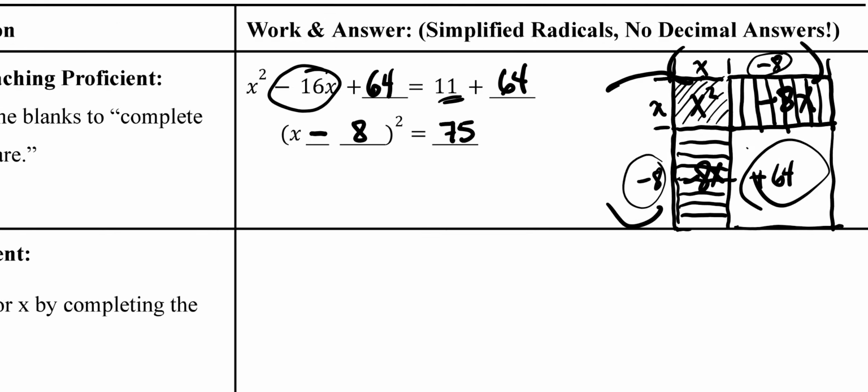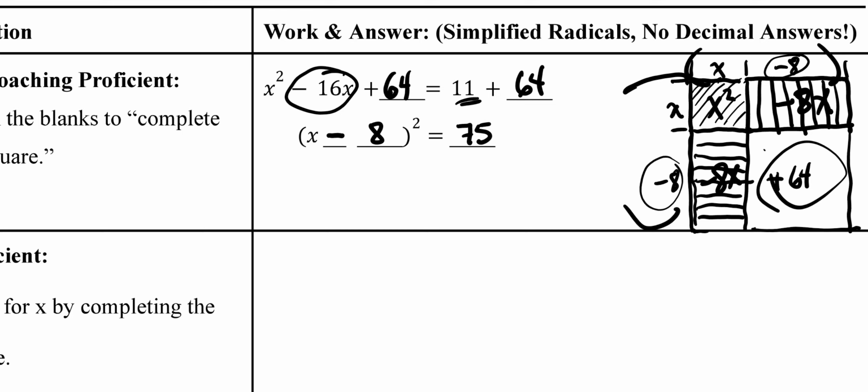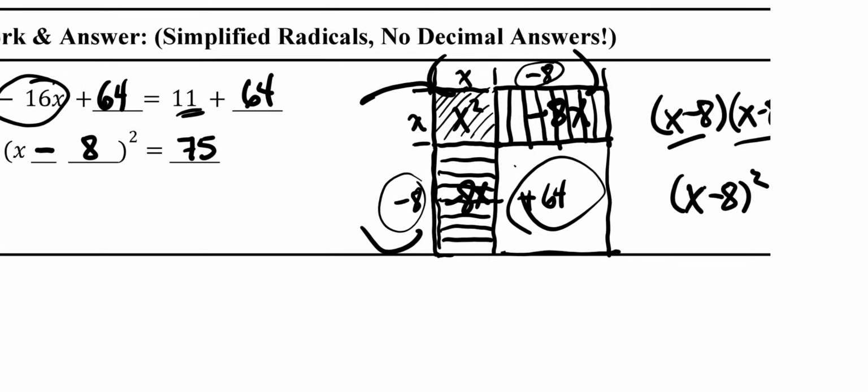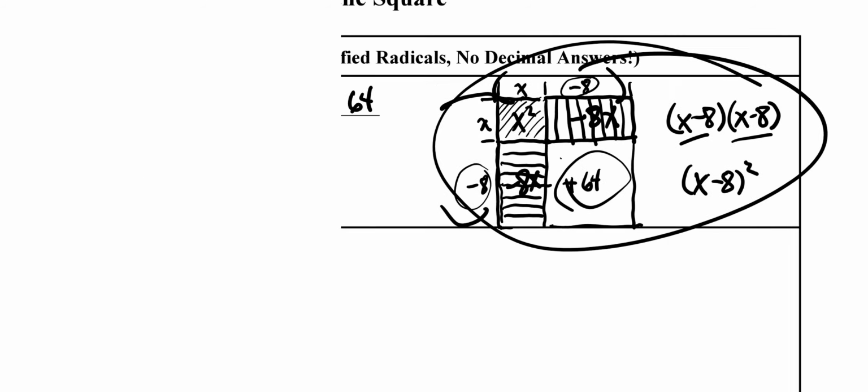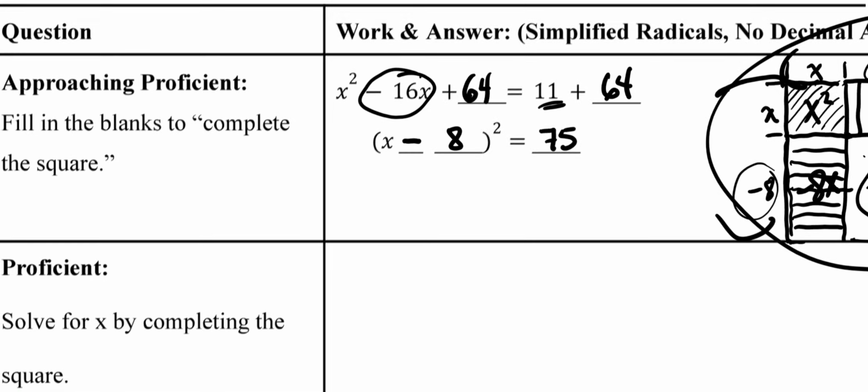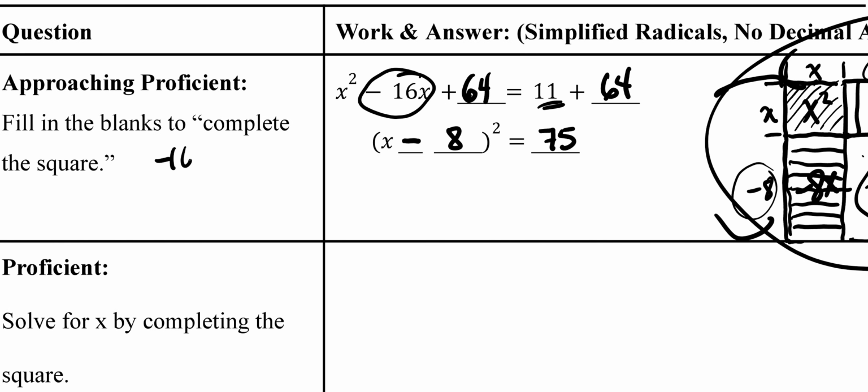This is kind of the b value, and so what we want to do is take that and divide it by 2. This is the visual explanation of what this looks like. But over here, I can say, if I just took that negative 16 and I divided it by 2, that would give me negative 8. And then if I take the negative 8 and I square it, I get the positive 64.